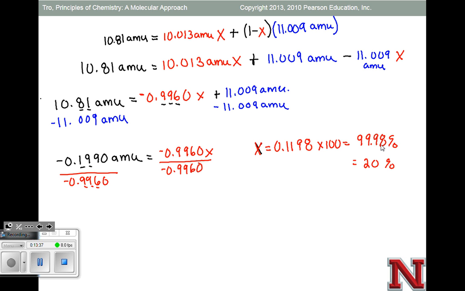So how much of y do we have? We have 80%. And that makes sense based on our amount. So I can either, again, go back to my x plus y equals 1, and I could plug this in. Or I can say my percent x plus my percent y equals 100.